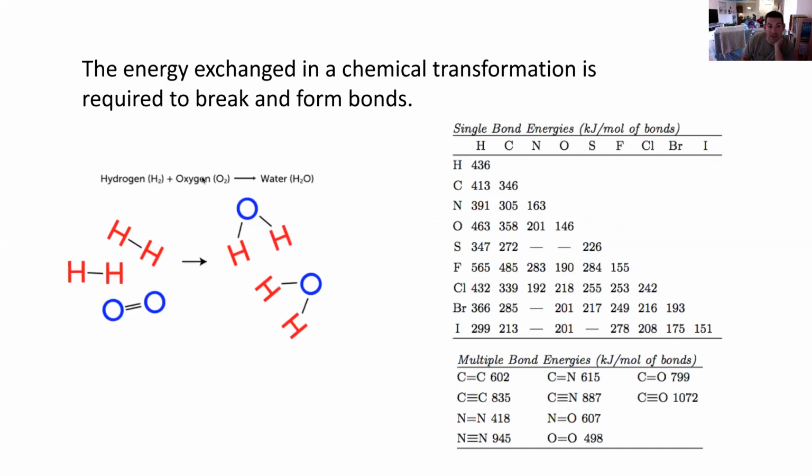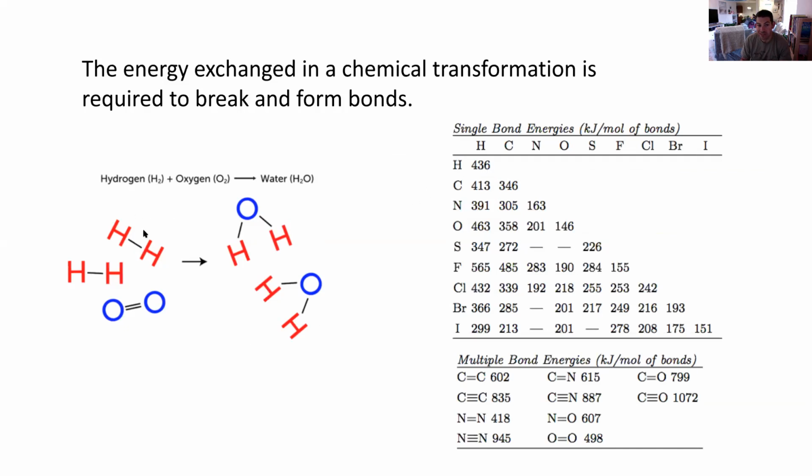So here we have hydrogen plus oxygen forming water. We have a lot of data on these different types of bonds. Like a carbon-hydrogen single bond is going to have an energy of 413 kilojoules. A hydrogen-hydrogen single bond, 436. And then our multiple bonds are even stronger. So we're breaking two hydrogen-hydrogen bonds, right?